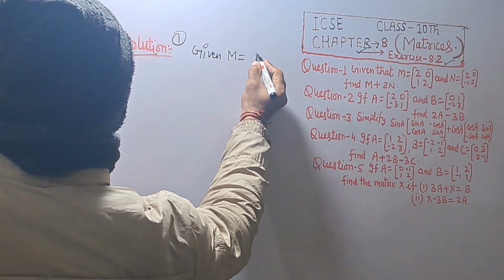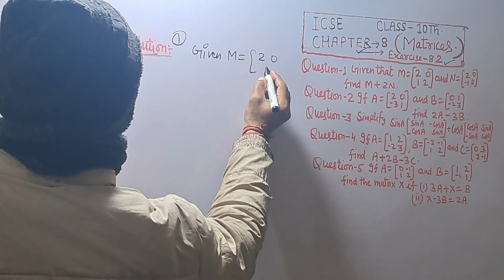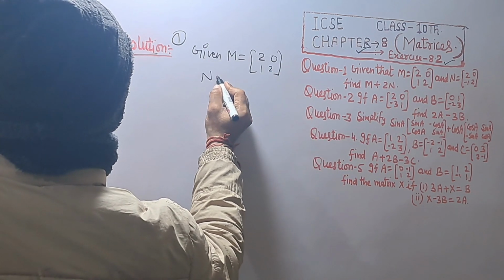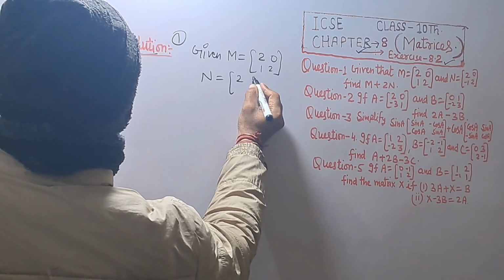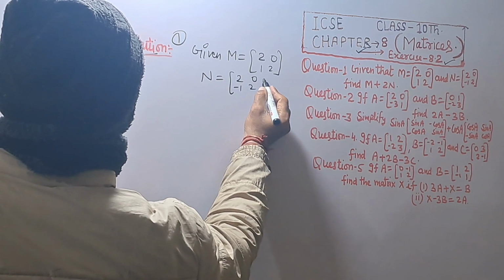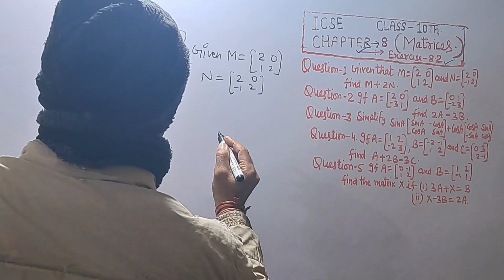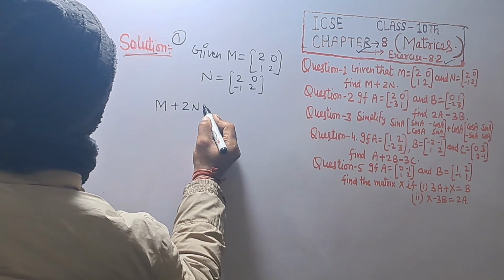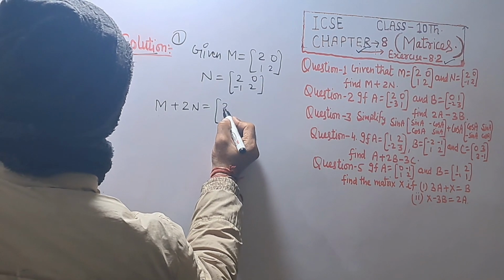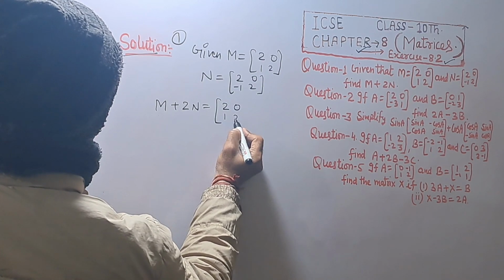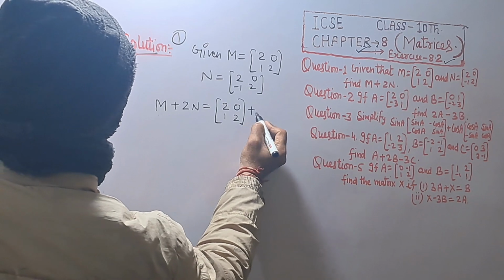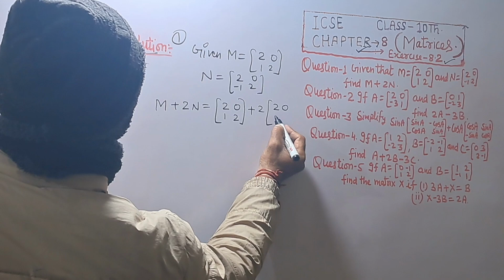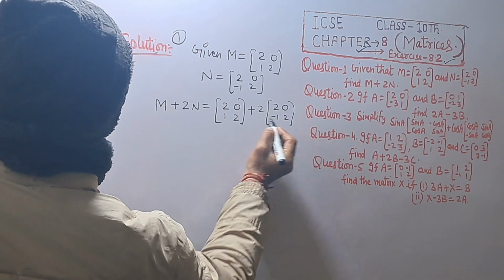Given m is equal to [2, 0; 1, 2] and n is equal to [2, 0; -1, 2]. Then we find m plus 2n, that is equal to m, which is [2, 0; 1, 2], plus 2 times n, which is [2, 0; -1, 2].